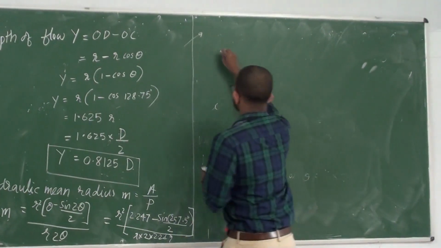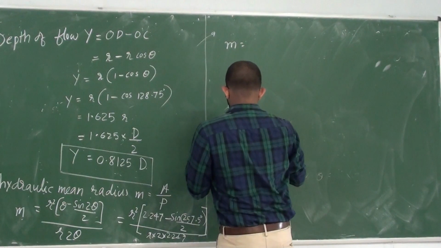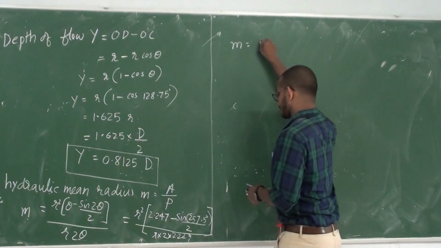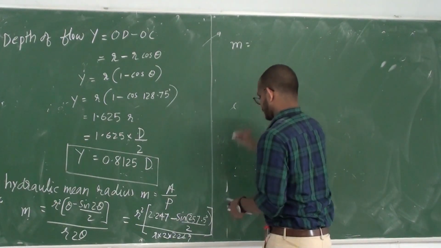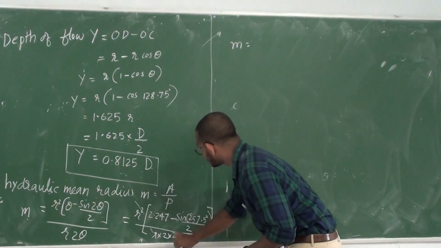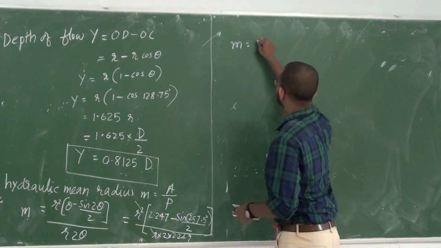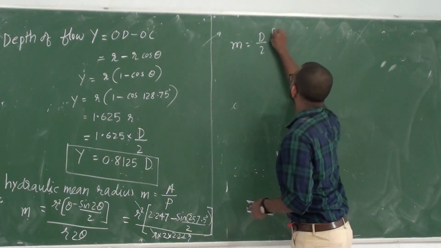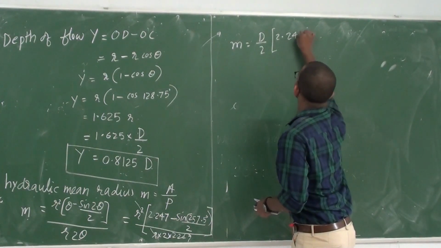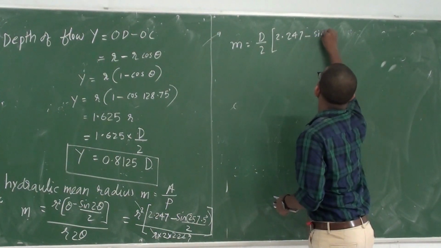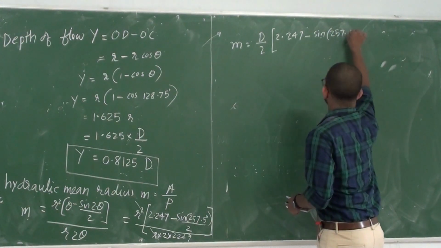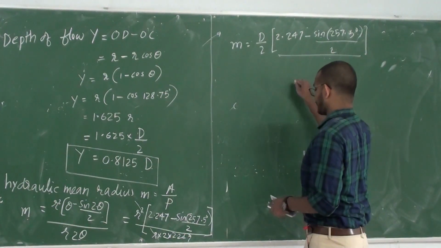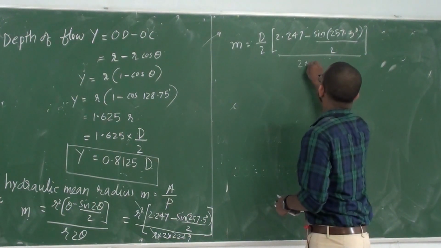From this we will get the hydraulic mean radius m. We can cancel one r, and instead of r we can have d by 2, the diameter, into 2.247 minus sin 257.5 degree divided by 2, the whole divided by 2 into 2.247.